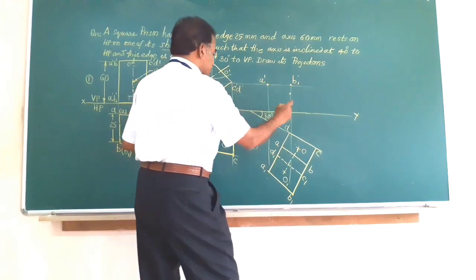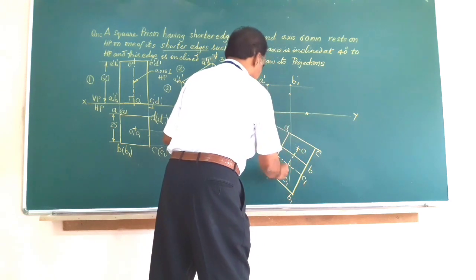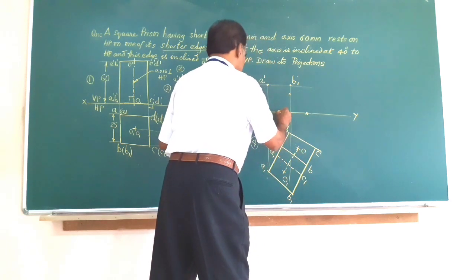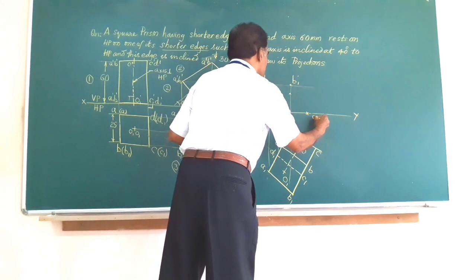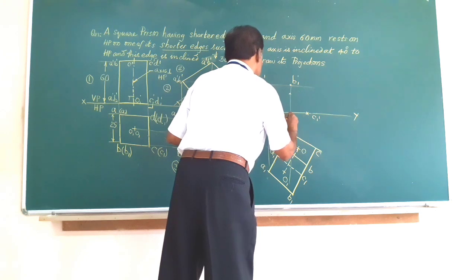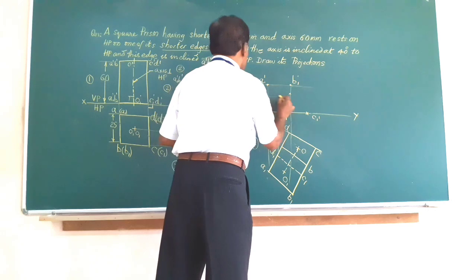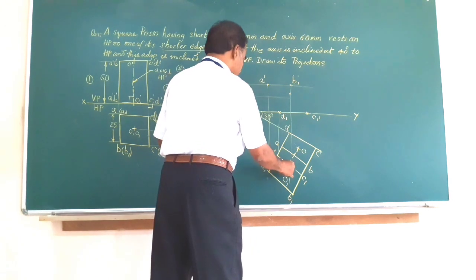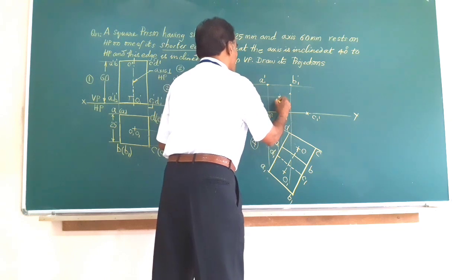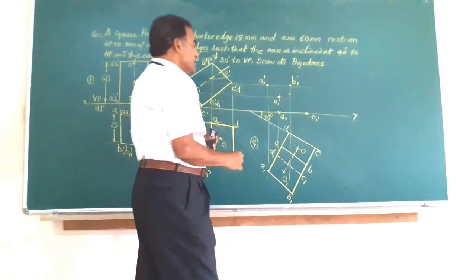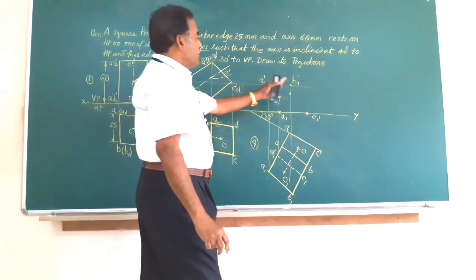C and D are on the XY line. So you will get C1 dash here and then D1 dash somewhere here. That is, I have got all the 4 corners of the base. This is C1 dash, this is D1 dash. So you have got the center of the axis. From this center, you draw a line. So you will get this as O1 dash. So we have got all the 4 corners of the bottom face.